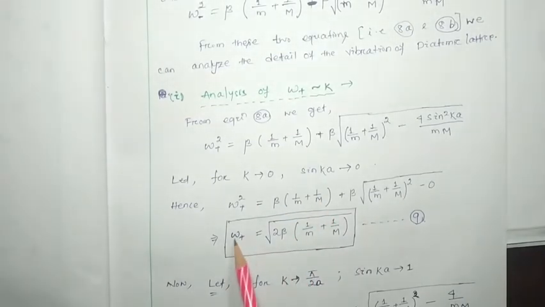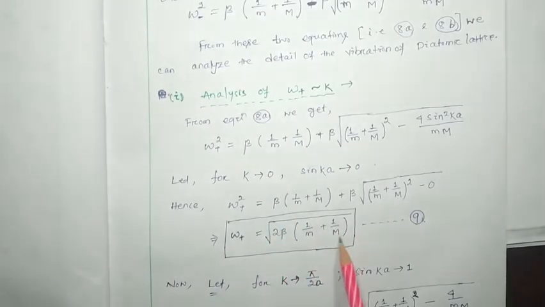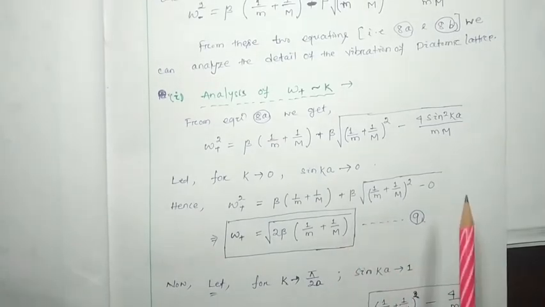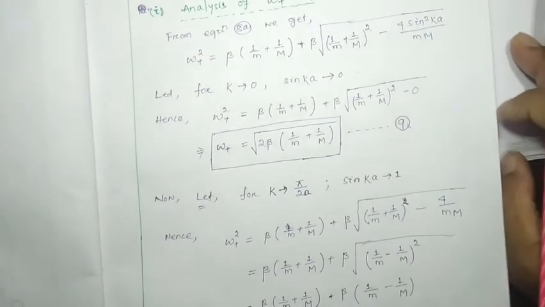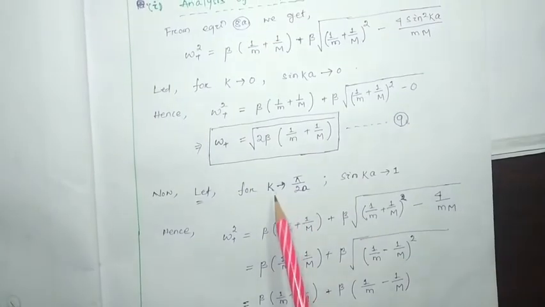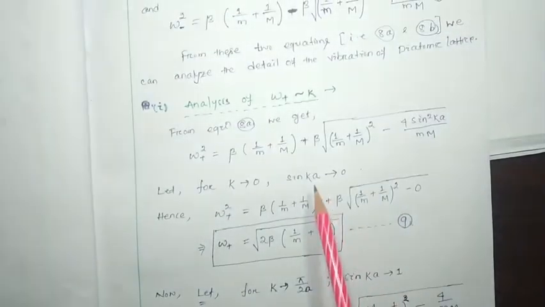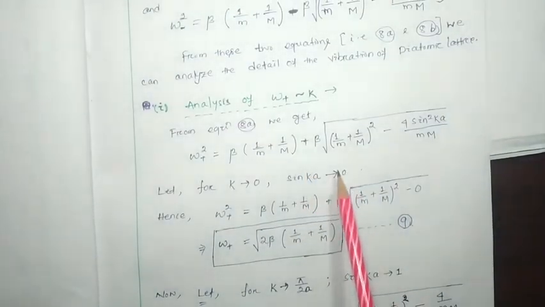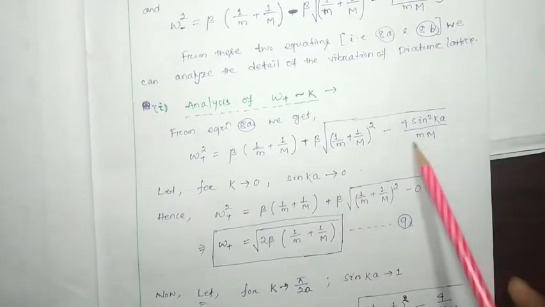Hence omega plus will be equal to root over of 2 beta into (1 by m plus 1 by capital M). Let this be equation number 9. Here we considered that the sin k value is minimum, so this term is going to be 0.